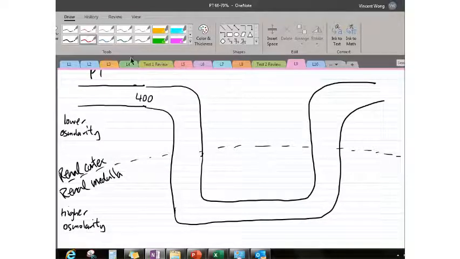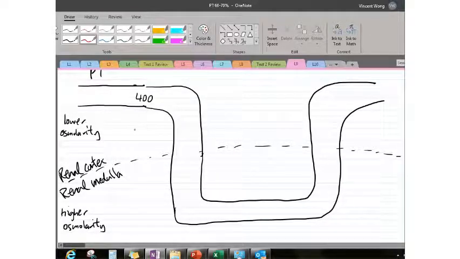I'm just going to make up some numbers here for the osmolarity of the kidney, which is the outside. This is the nephron. So we're going to say this is 600, 800, 1000, 1200.